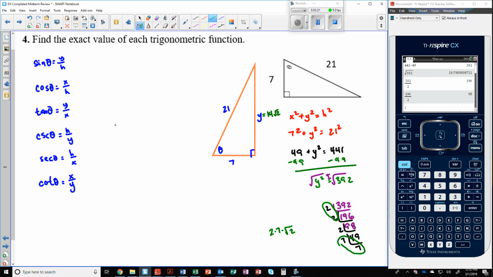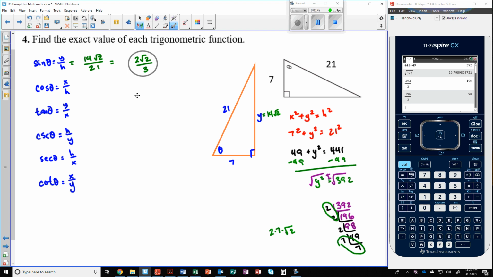That's its value there. So to find sine, it's going to be y, which is 14 square roots of 2, over my h of 21. Now 14 and 21 could actually reduce. 7 goes into both numbers. 7 goes in here twice. It'd be 2 square roots of 2 over 3. That's the sine value. Now I'll go to cosine.